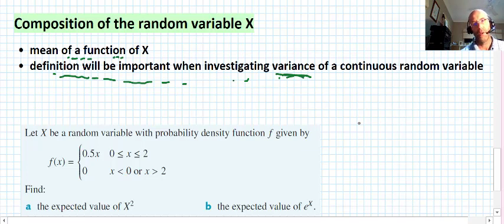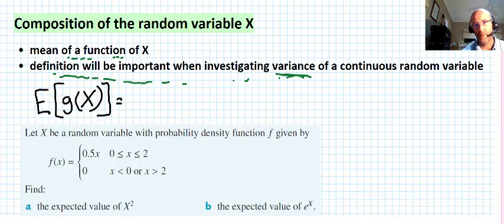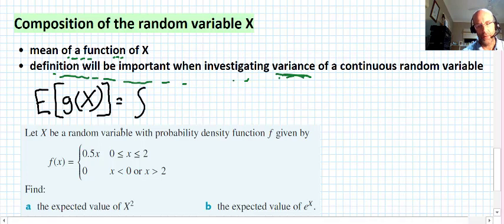That's coming up in a video very soon. So how do we do that? Well, basically that's our notation, and we take the integral from negative infinity to infinity of whatever g of x is times f of x. So it's g of x by f of x.